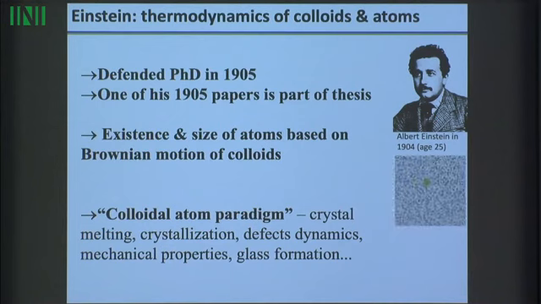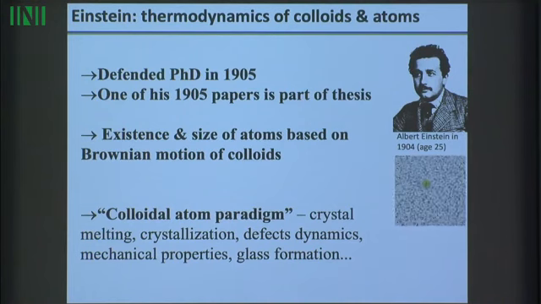So it's quite amazing, and out of his 1905 three famous papers, only this one was part of his PhD thesis, right? So in some way he was a soft matter scientist by training, we could claim it.